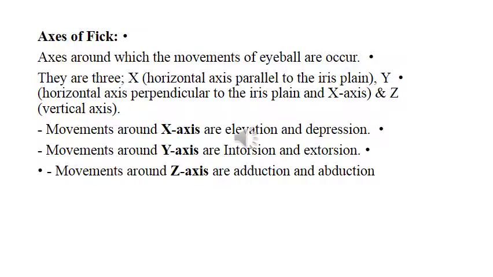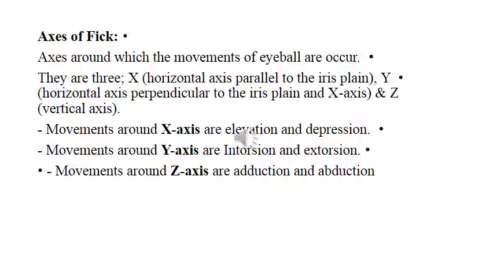We have 3 axes around which the movement of the eyeball occurs. These axes are the axes of Fick. As we said, there are 3: X, Y, and Z. Z-axis is the vertical one. X and Y are both horizontal axes.